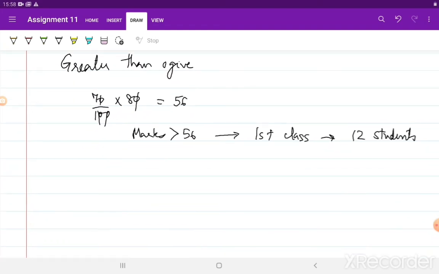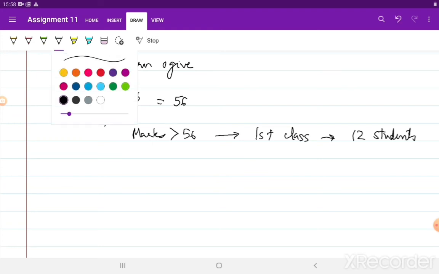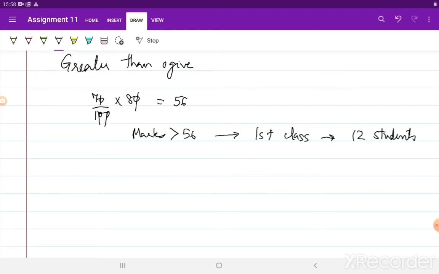We know that 70% would be 56 marks out of 80, and let's see what 60% of 80 is. So it's 48 marks. So all those who got marks between 48 and 56 are the ones who've got second class.